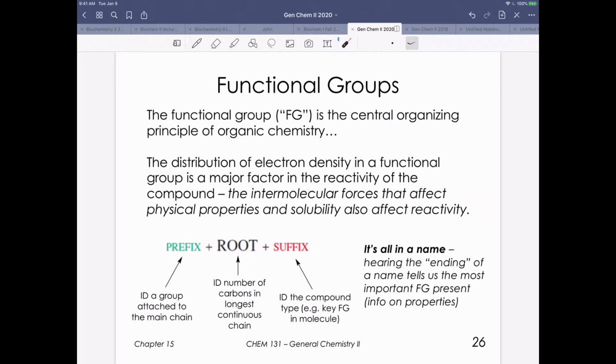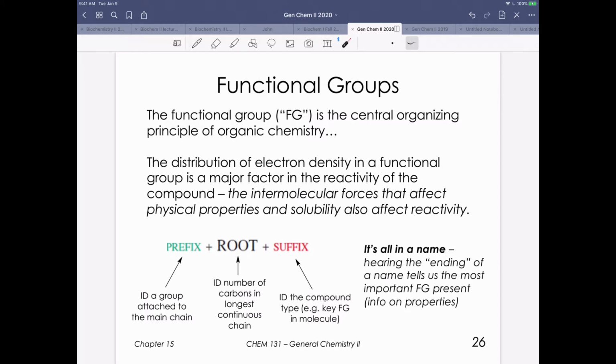Now your book goes into quite a bit of detail about how to name molecules here. And again, I'm just going to highlight here that every molecule that has a name has sort of a prefix and a root part of it. And we're not going to really deal with that too much. What I want you to pay attention to with molecules is what we call the suffix or the ending point. And that's important because that generally identifies the main functional group in a molecule.